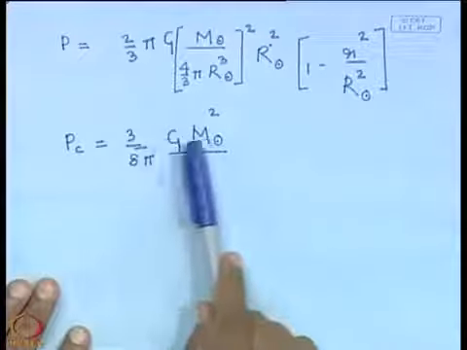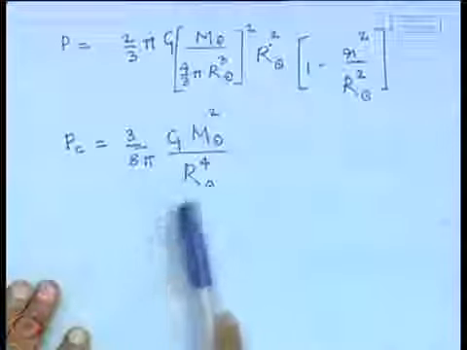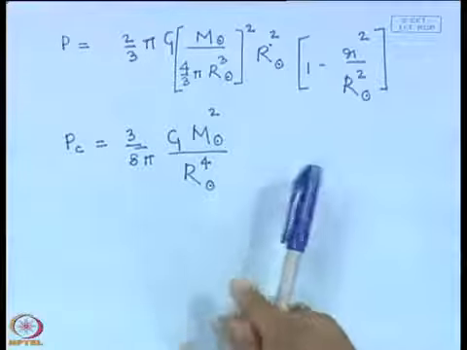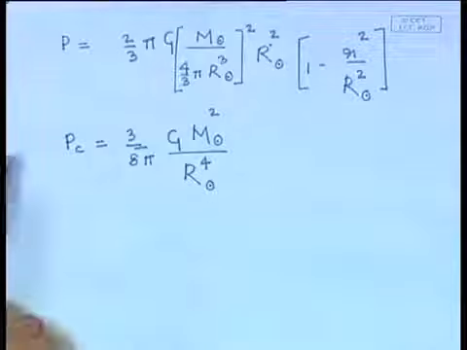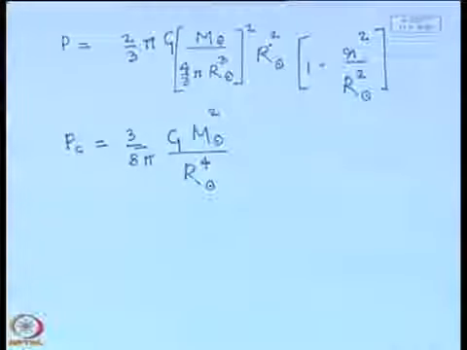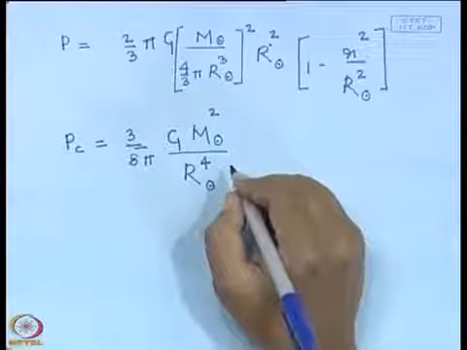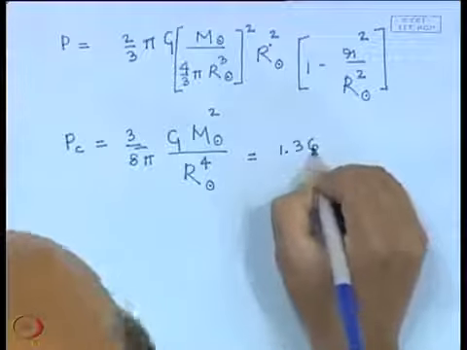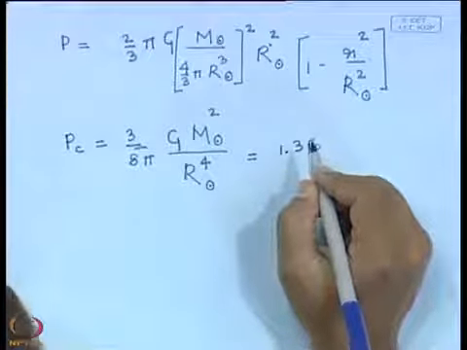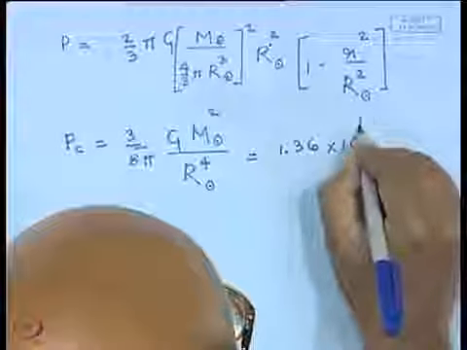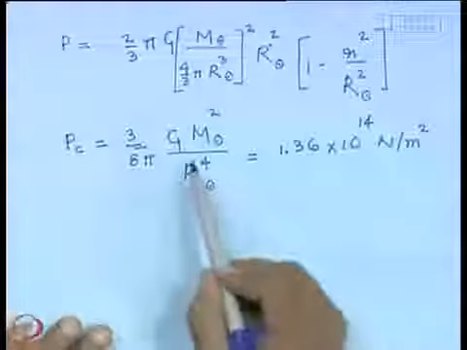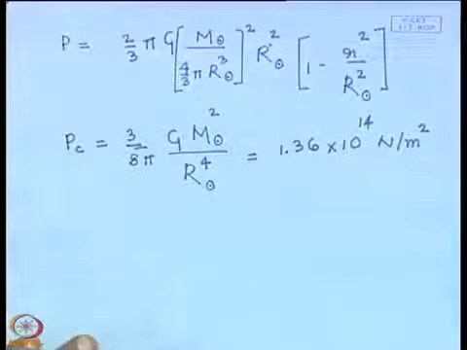So, you now put in the values of G, the mass of the sun, and the radius of the sun, and we get an estimate of the pressure at the center of the sun, and this comes out to be equal to 14 newtons per meter square. I will ask you to check this yourself, just put in the numbers and calculate this, check it for yourself.